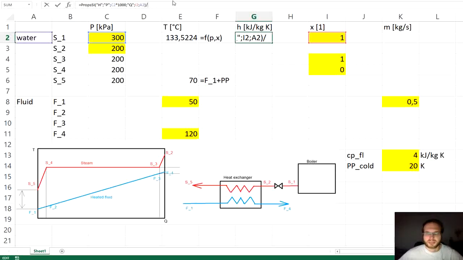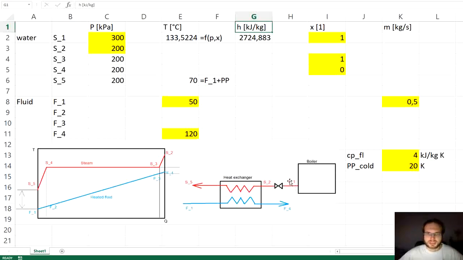So to get more comfortable units, we divide the number by 1000, and we get about 2700 kilojoules per kilogram. Sorry, here it's enthalpy, not entropy.